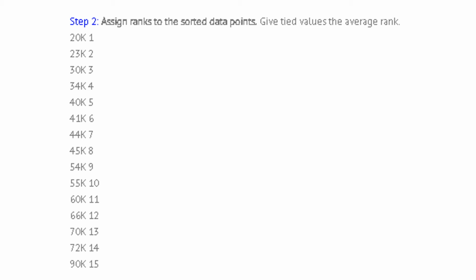If any of the values are the same for two people, you have to give the average rank. So if the fourth and fifth observations are the same, you give 4.5 rank for the fourth observation and 4.5 rank for the fifth observation. Like that you have to give.